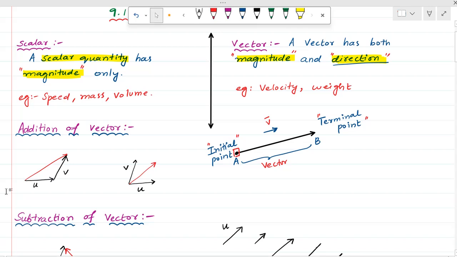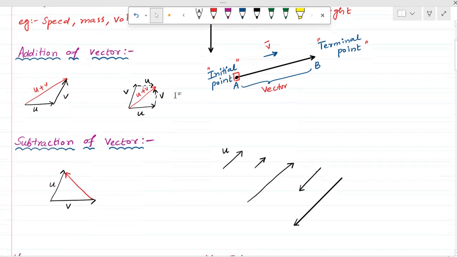This is a geometrical representation of the addition of vectors. If you have u and v, we can add u plus v by joining these two. This is the same direction, and the diagonal will be u plus v.